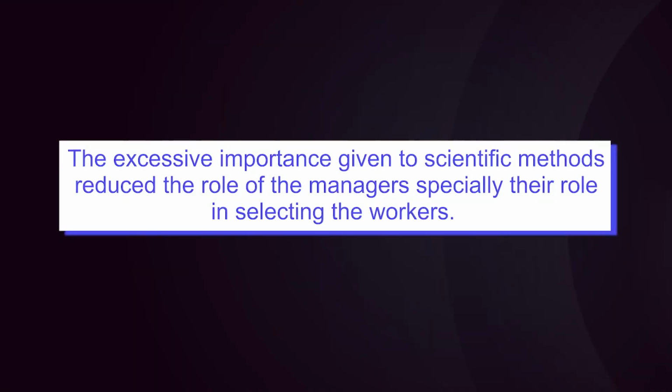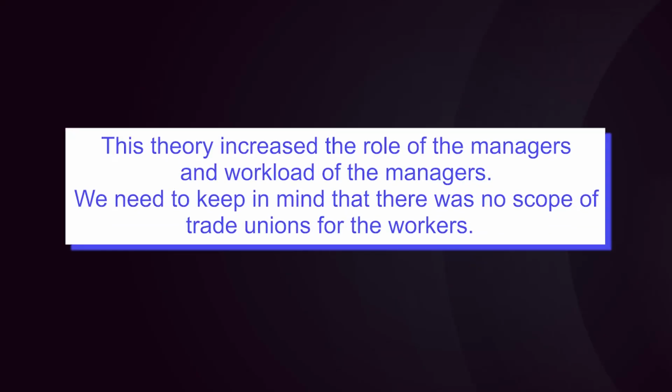One, the excessive importance given to scientific methods reduced the role of the managers, especially their role in selecting the workers. Secondly, this theory increased the role of the managers and workload of the managers. We need to keep in mind that there was no scope for trade unions for the workers.